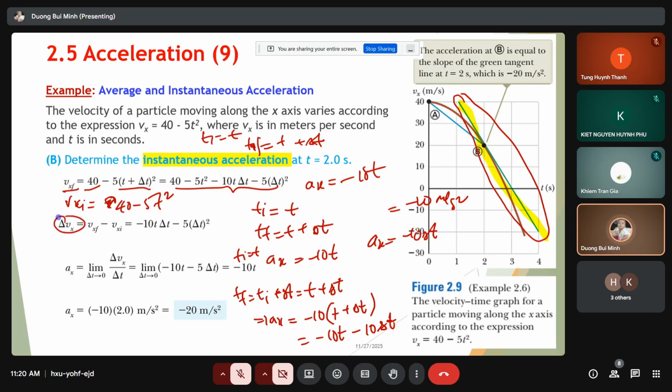So you can calculate delta Vx, and then we calculate the limit. You can get minus 10t, and t is 2. So you also get minus 20 meters per square second. Do you understand? So it's up to you. Okay, is it clear?